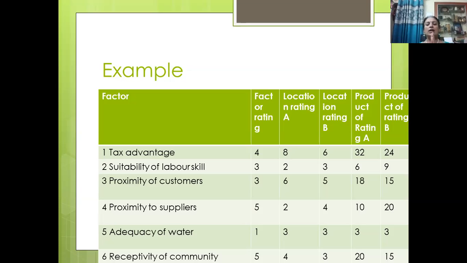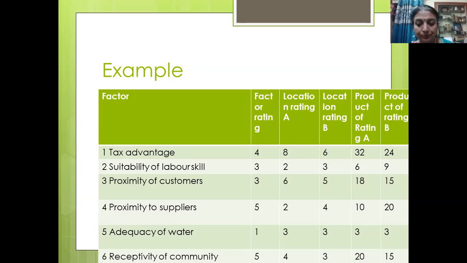Now the task is to take the product of these two. For location A, as far as tax advantage is concerned, location A shows 8 and the factor rating shows 4. These two should be multiplied: 8 into 4 is 32. In which column do you write it?